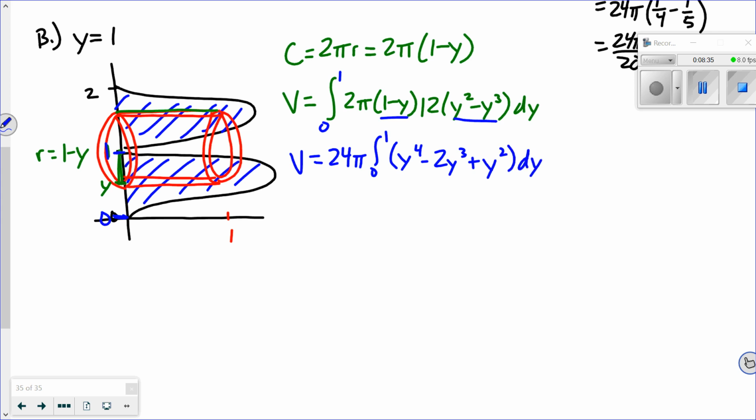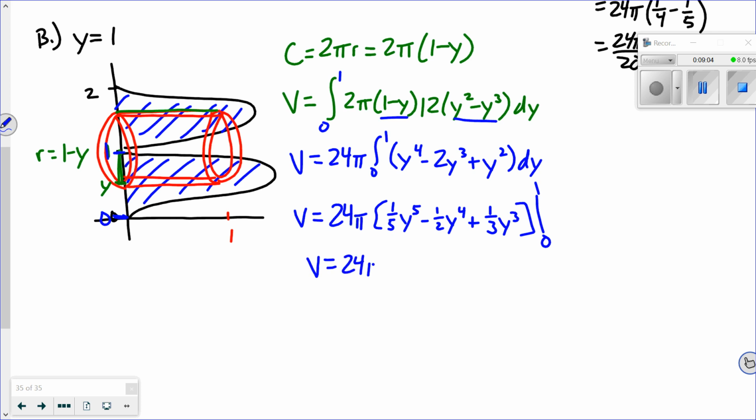So let's integrate: 24 pi times (1/5 y to the fifth minus 1/2 y to the fourth plus 1/3 y cubed) from 0 to 1. 0 doesn't work again, so I plug my 1 in.